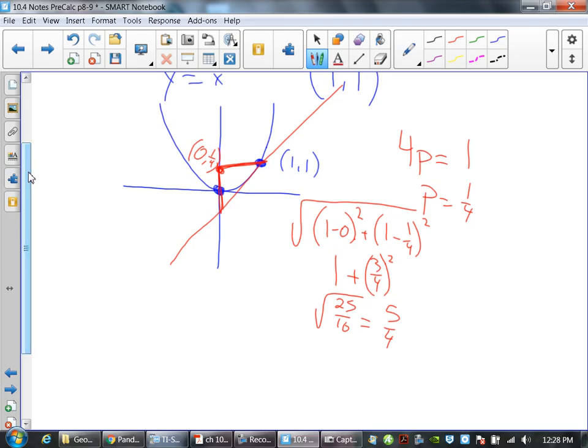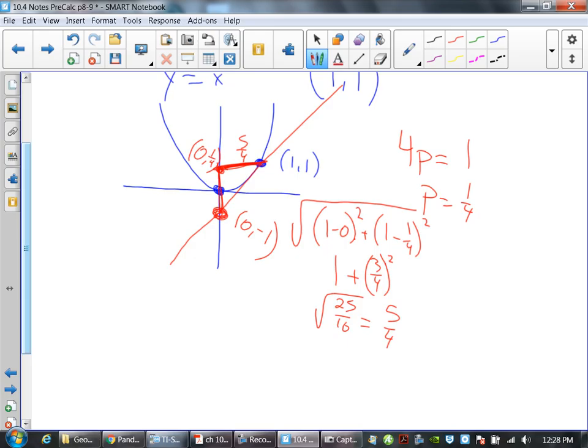So now that means the distance from here to here is 5/4, which means I have to go a vertical downward distance of 5/4 from the starting point of 1/4, and that places me where? 1/4 minus 5/4 is -1. So this point here is at 0 and -1.